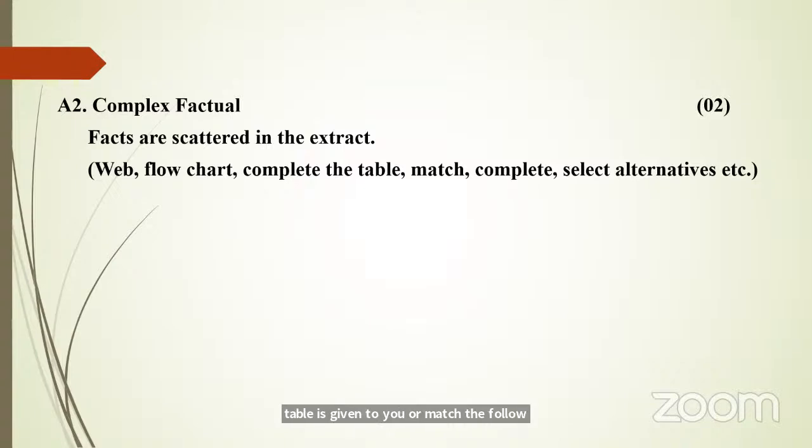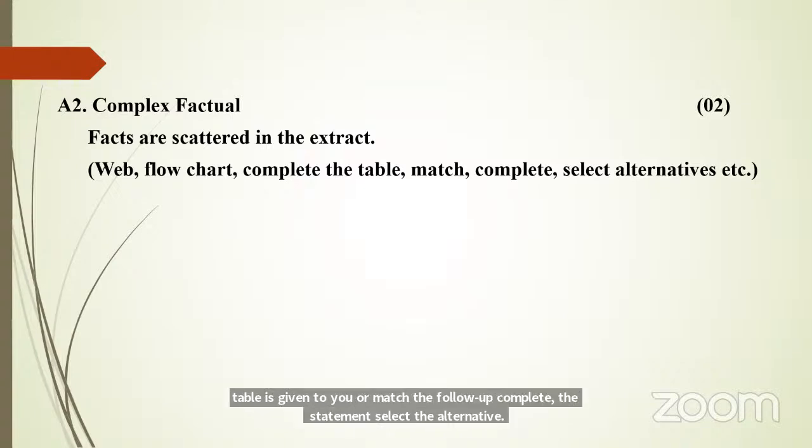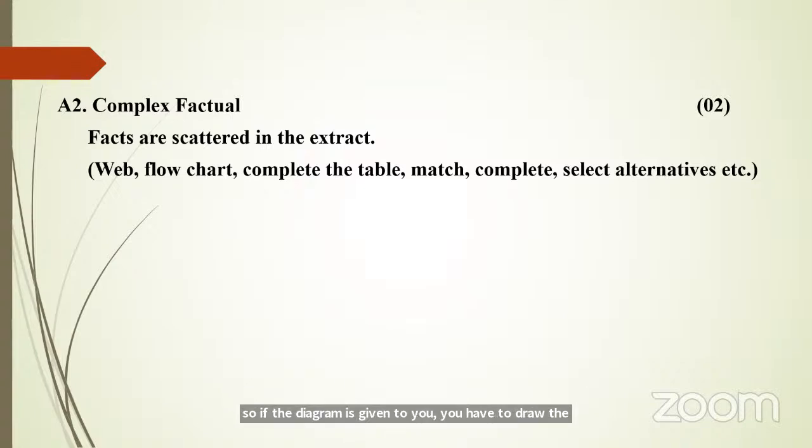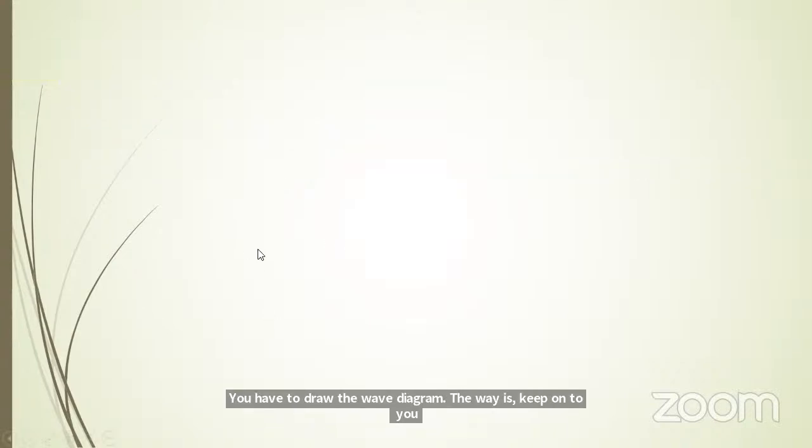If a diagram is given to you, you have to draw the same diagram. Half a mark is for the presentation. In the web diagram and flow chart, you have to write the answer in points only, not in sentences. You have to draw the table and the web diagram the way they are given to you.